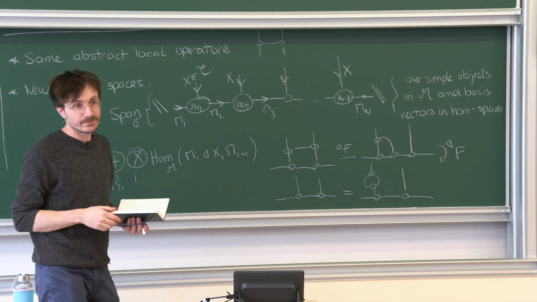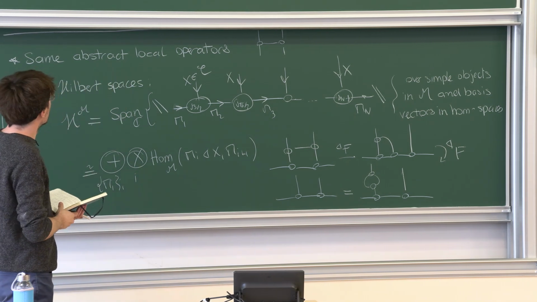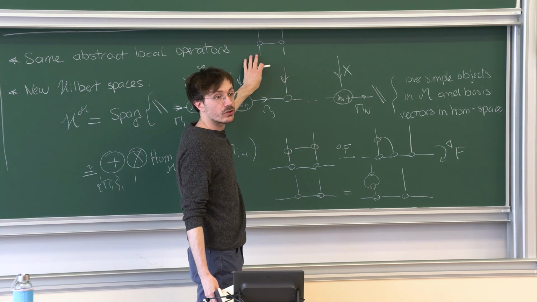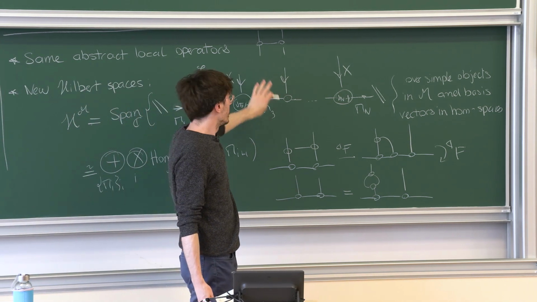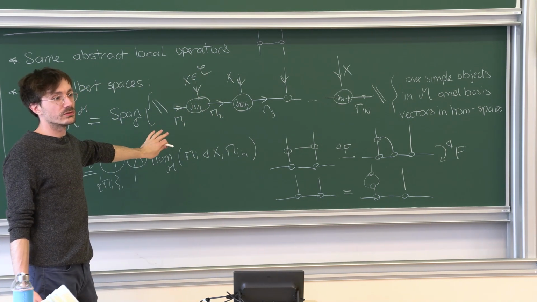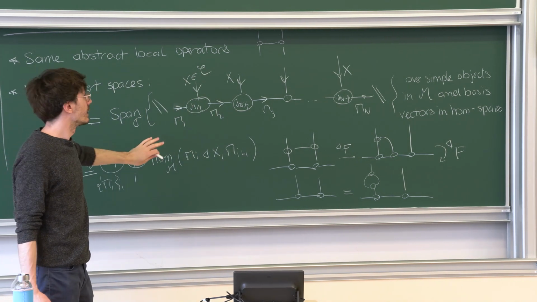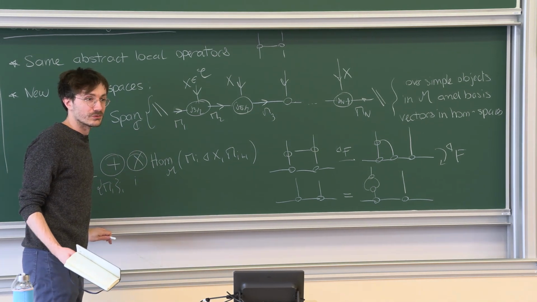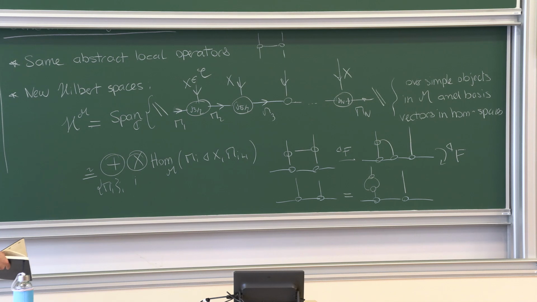Now the claim is that if you choose a collection of local operators and you simply change this Hilbert space, these models are going to be dual to one another. I will try to convince you that this is true, of course.